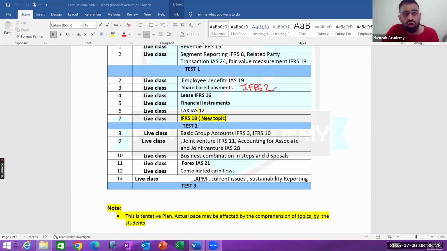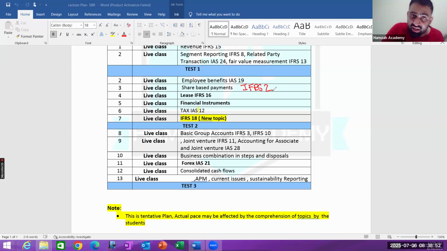Like Coca-Cola is a listed company. They purchase a plant of, let's say, 400 million US dollars. Now, instead of paying cash to a supplier, they may offer the supplier a certain number of Coca-Cola shares as consideration.